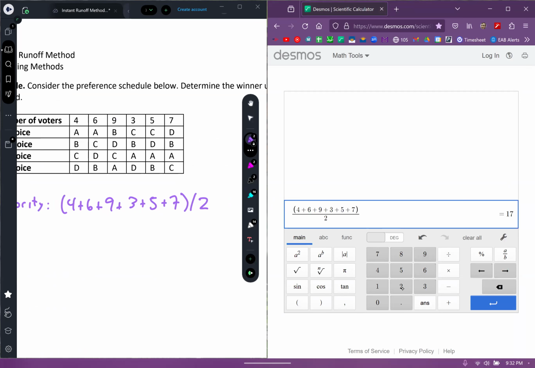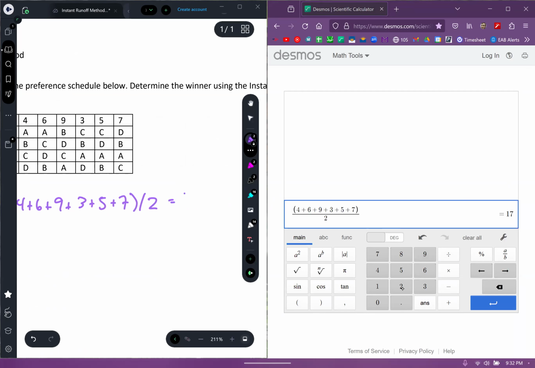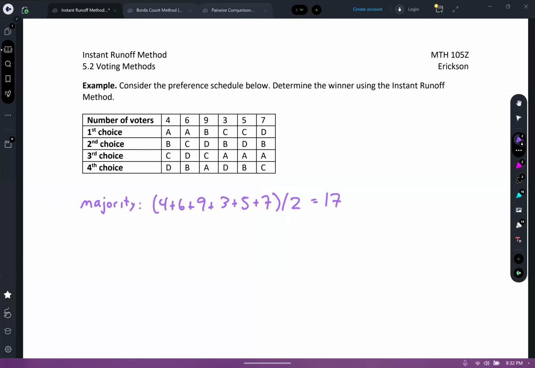Okay, we get 17. So that means 17 represents exactly half of all the votes cast. So slightly more than that means a majority would be 18. So each candidate is aiming to get 18 votes.